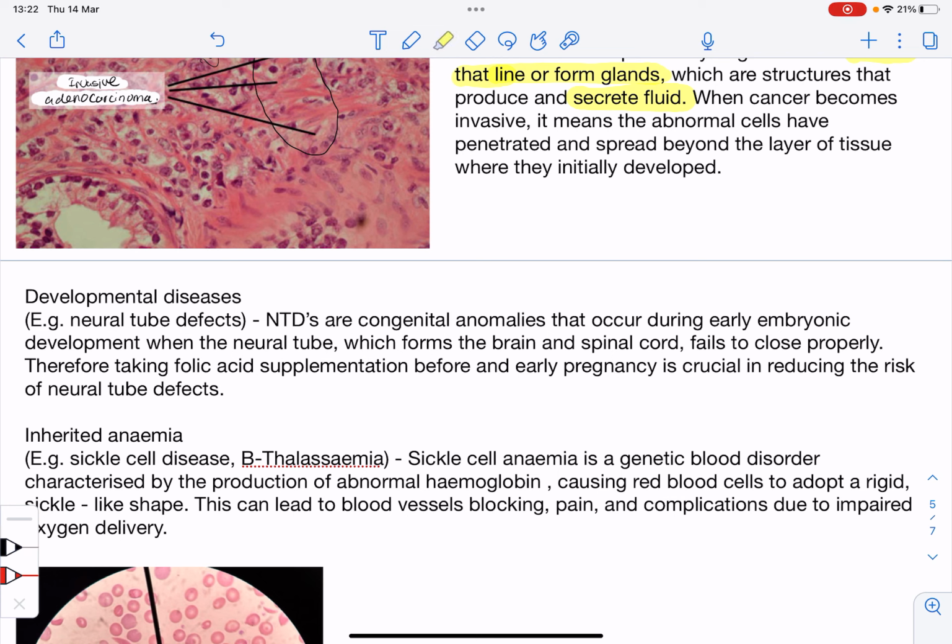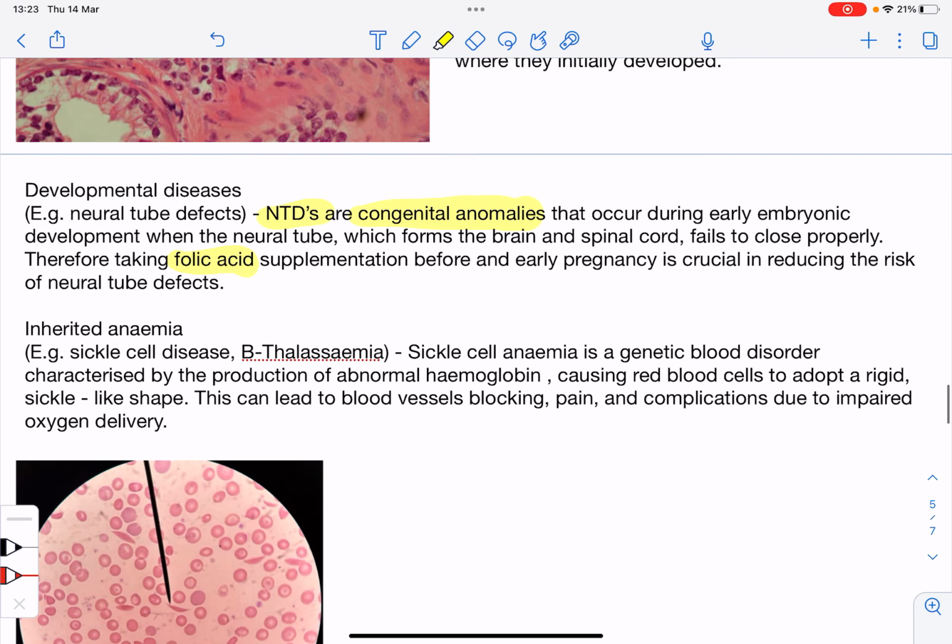So again, this is the development of the fetus. And if the mother does not have enough folic acid before and during early pregnancy, you could develop neural tube defects, which is a congenital abnormality. And this is intrinsic because everything happens during your development stage.